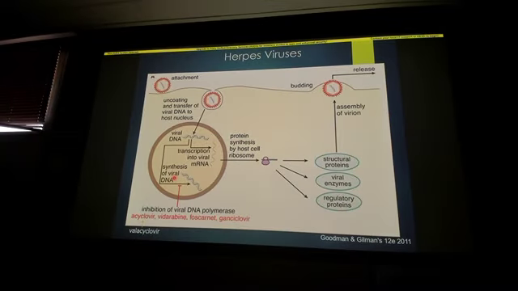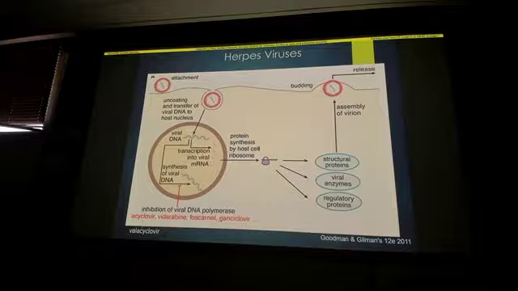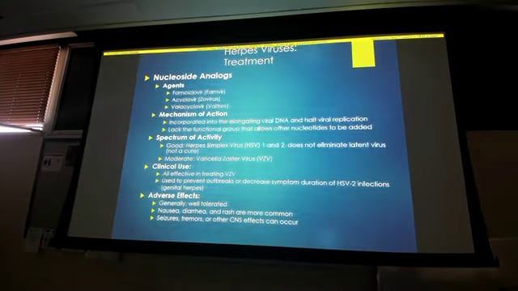So looking at our chart here, we're working on trying to stop that copying or incorporation of that virus into our DNA. Valacyclovir is just a prodrug of acyclovir. So whenever it gets metabolized, it's going to get metabolized into that acyclovir, which is also going to help us do some action.